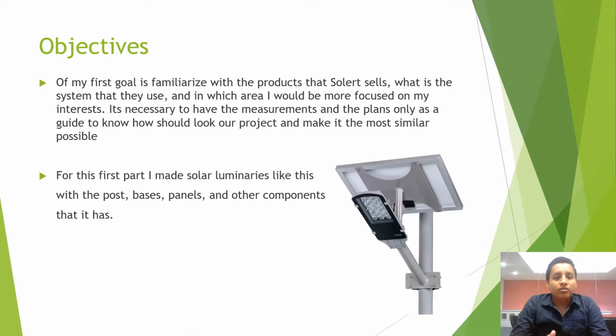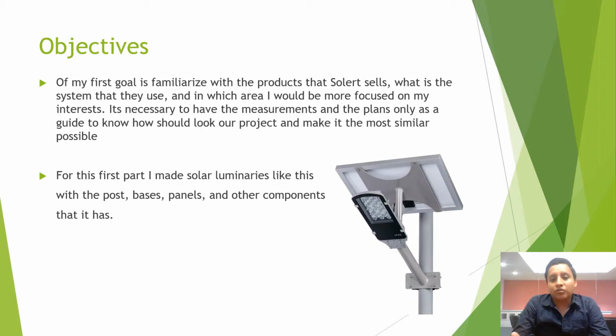My first goal is to get introduced to the products that Solar sells and the system that they use, and in which area I will focus more, and my interest is in the design and drawing.